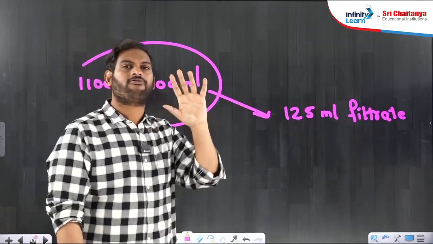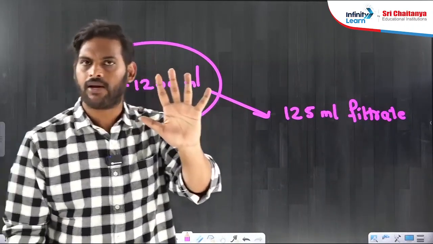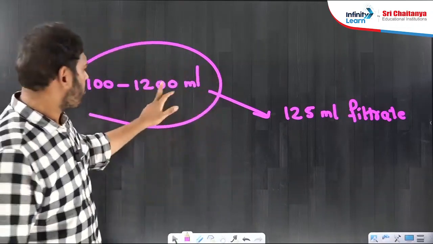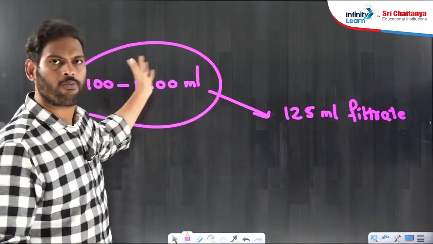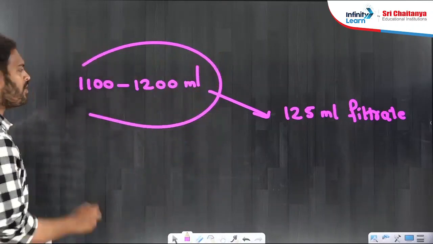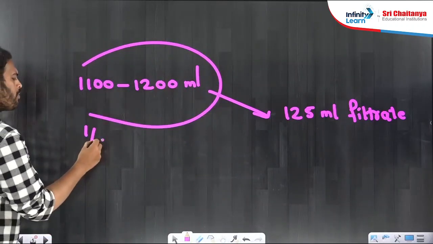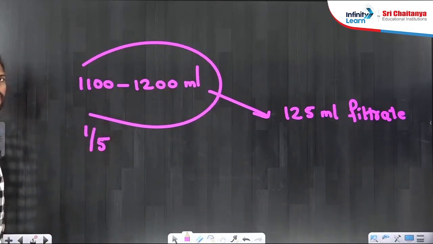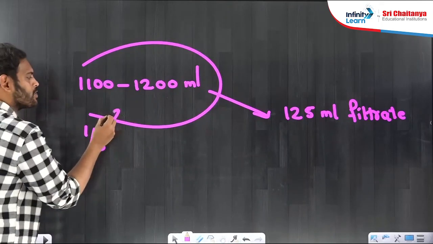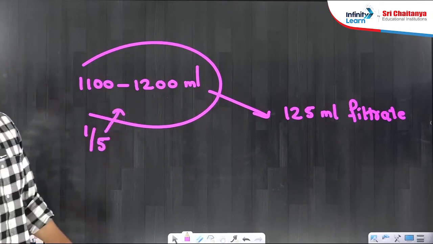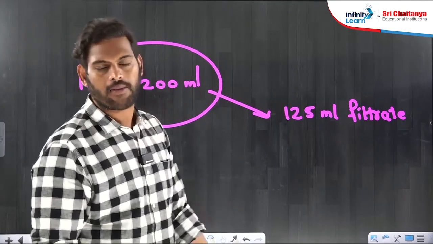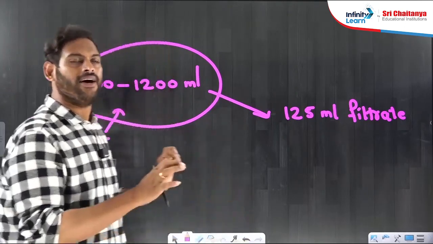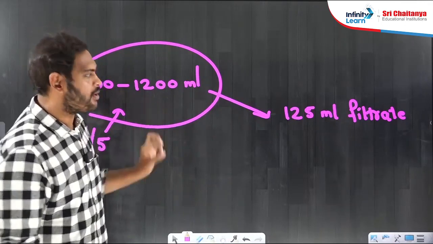The heart was pumping 5 liters of blood per minute, and kidneys were receiving approximately 1.1 liters. So we can say that 1/5 of the blood pumped by the heart is coming to the kidneys. So per minute 1100 to 1200 ml of blood will be filtered.